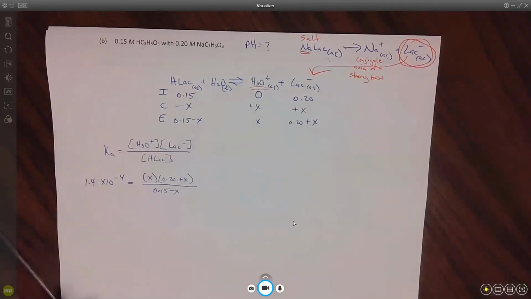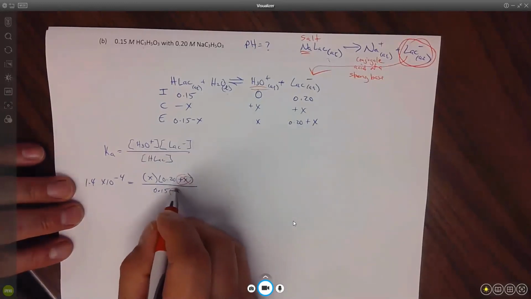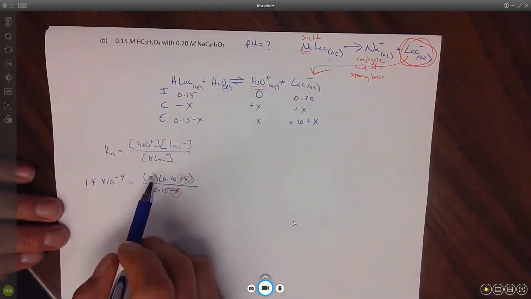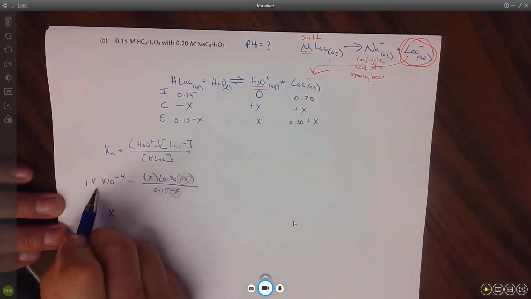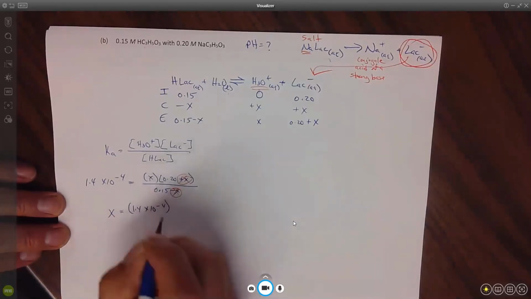So what would you do next? You'd immediately assume that the change is negligible. Okay, so we're going to assume that the plus X and minus X terms are so small that nothing's going to happen. And we're going to come back later and check that. So now we could say that X is equal to 1.4 times 10 to the negative 4.